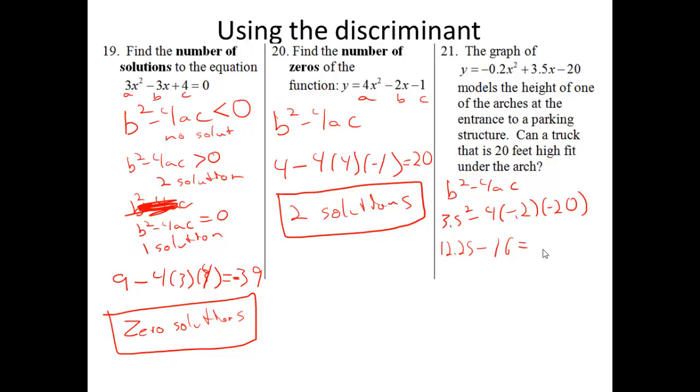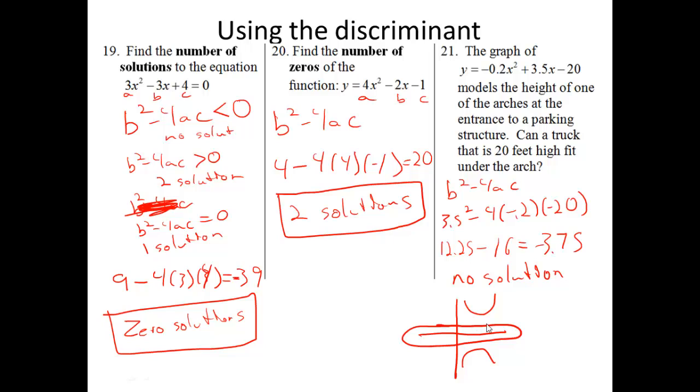This is going to be equal to a negative 3.75. So we have no solutions, which means that this equation either looks like that or looks like that, but either way, it is not touching our x-axis, so we're not driving any trucks through a structure that's not touching that x-axis. So that would be no solution or no.